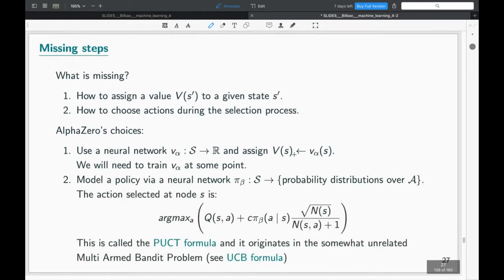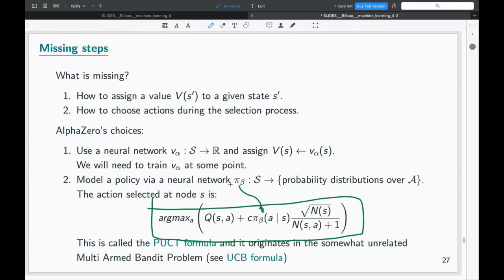And for 2, we use this formula here, which I think I will not explain. It is quite interesting. I could spend almost one talk discussing this formula and where it comes from, but it's fine. So this formula also uses a policy which is parametrized by a neural network.